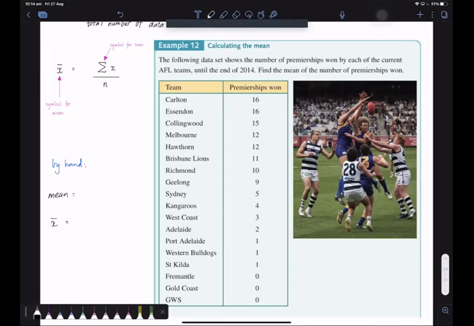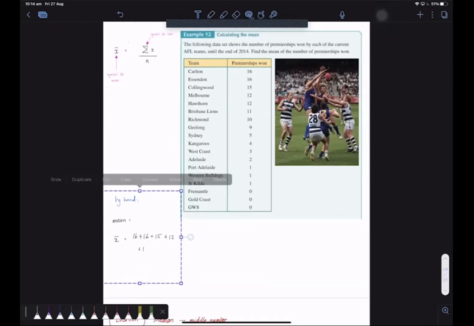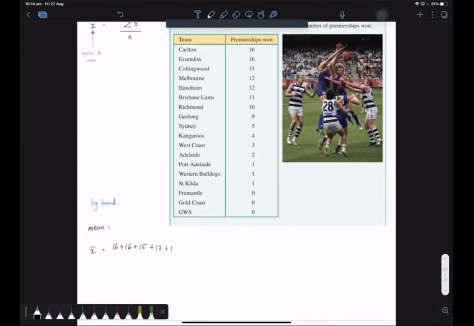And you're going to use this in year 12. 16 plus 16 plus 15 plus 12 plus 12. Oh, goodness, I might write it down here. You can see how this is already such a big pain, because you have to write this all out.